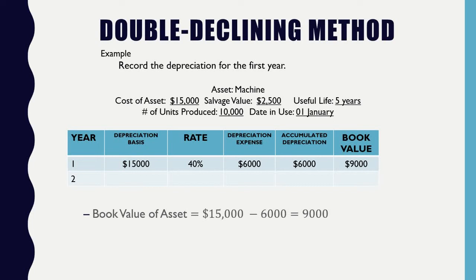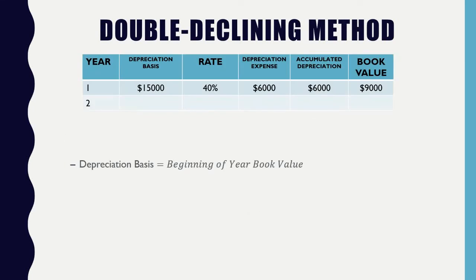So if the book value for the end of year 1 is $9,000, then that means when you begin year 2 is going to be also what you ended in the first year. So in this case, you're going to take this number 9,000 and it's going to be placed right here because the end of year 1 is the same thing as the beginning of year 2. Okay? So therefore, you're going to carry that 9,000 over into your basis.